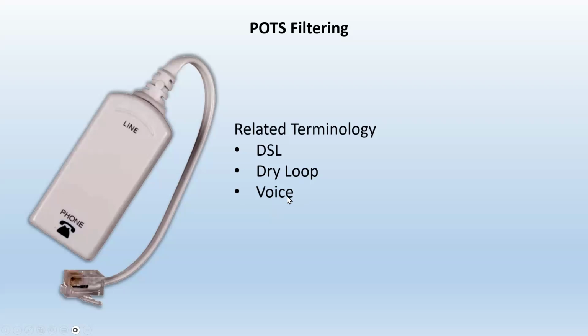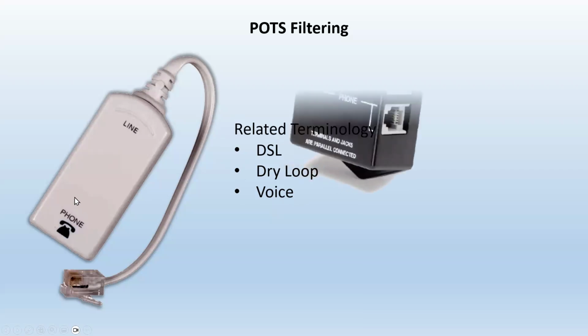So it's a low pass filter, because that's a high frequency buzz. So now you can talk on the phone without having to listen to the DSL signal. So you can connect that into each individual phone.